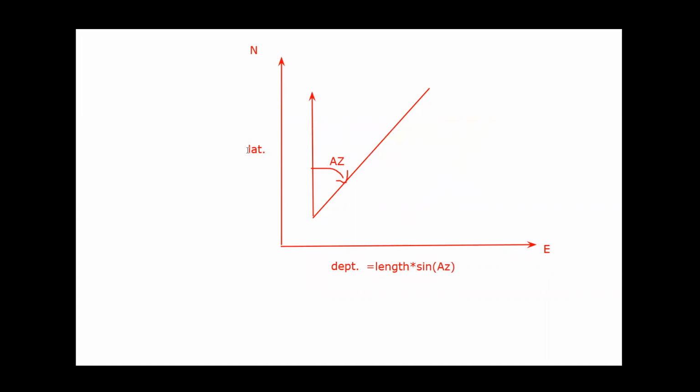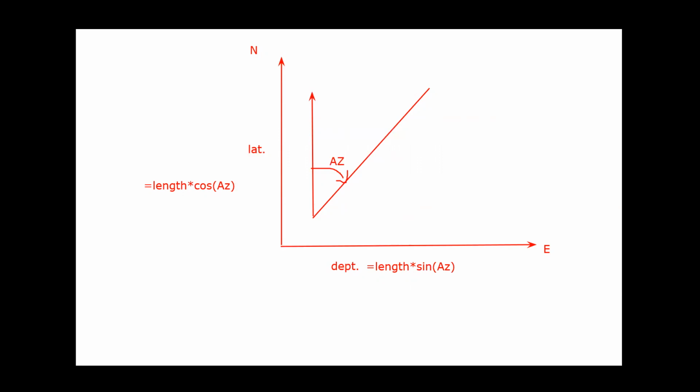And don't worry about the signs, put the signs as they are. And then your latitude equals the length times cosine the azimuth. So that's what you need to do in the next step or few steps.